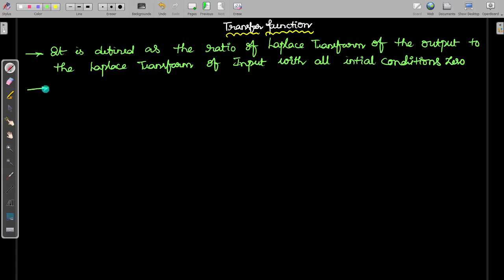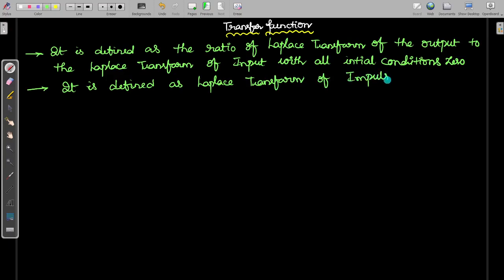Transfer function is also defined in another way. It is defined as the Laplace transform of the impulse response of the system, with all initial conditions 0.